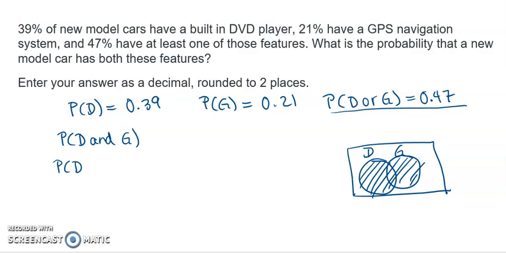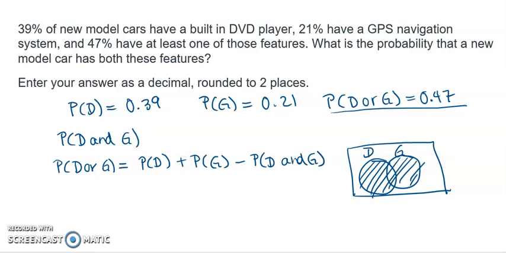So our formal probability, which is the formal addition rule, states this: the probability of D or G is equal to the sum of the probabilities minus the joint probability. And this is exactly what we're trying to find out here.